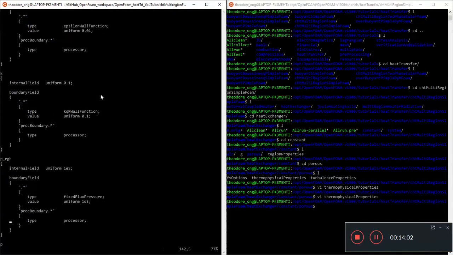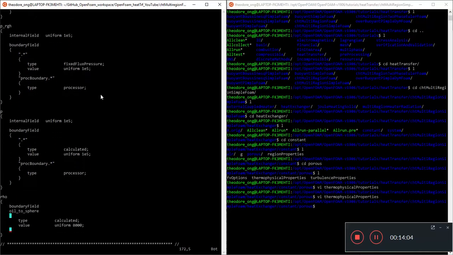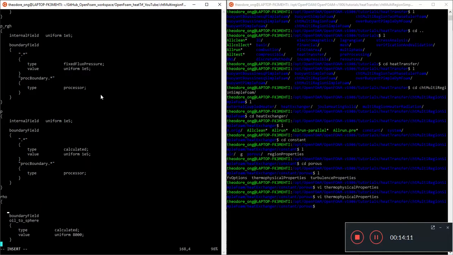So sure, just to eliminate the source of error, I'll just have an internal field entry there in case the syntax requires it. Internal field. Okay, uniform 8000. Okay, just for the sake of that.